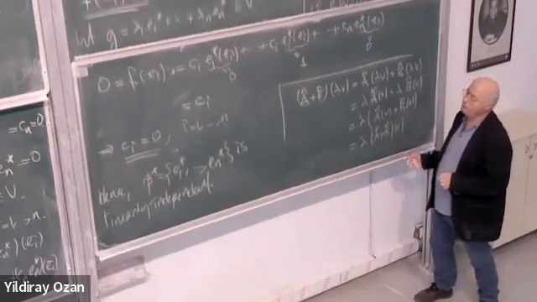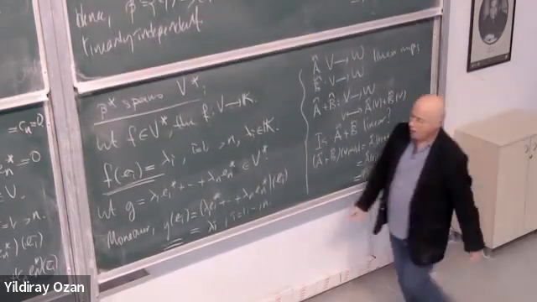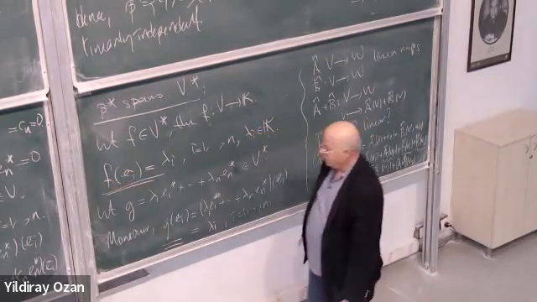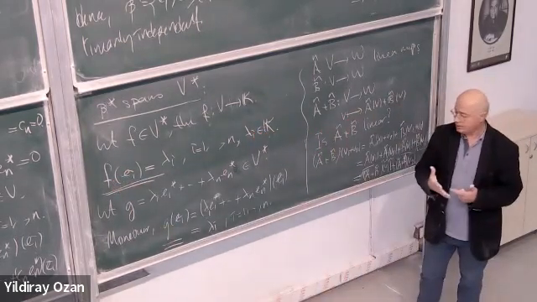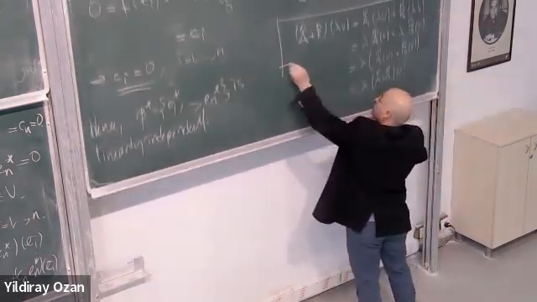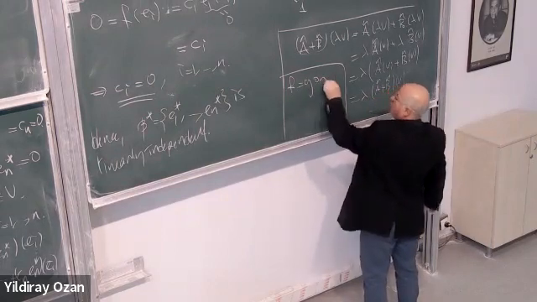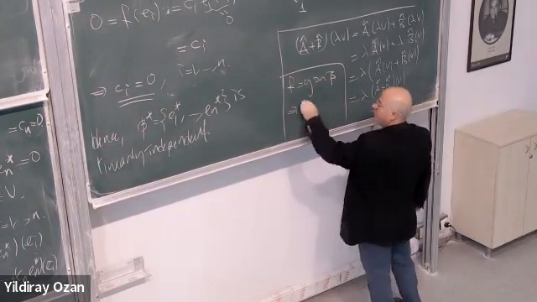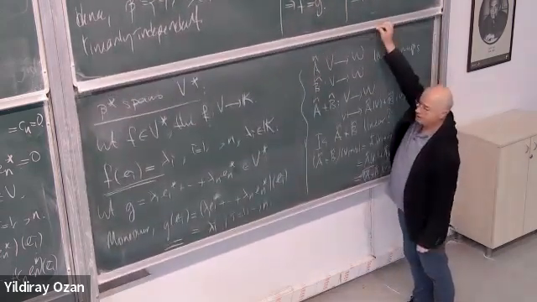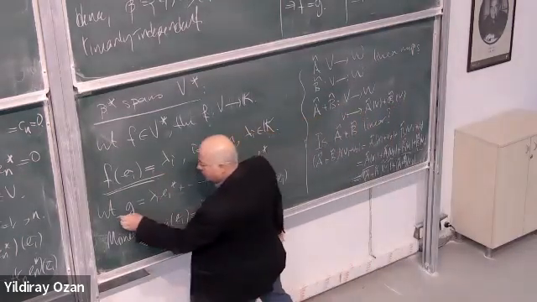Well, how do we finish the proof? Now, I have two maps, F and G, both linear maps, and they agree on a basis, then they are the same, right? Let me just write here: F equals G on beta, therefore F is equal to G. And F equal to G means F is equal to this function.